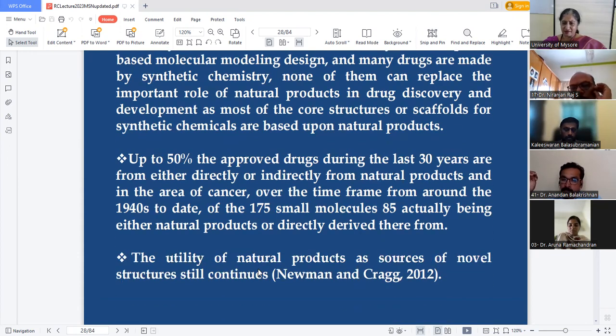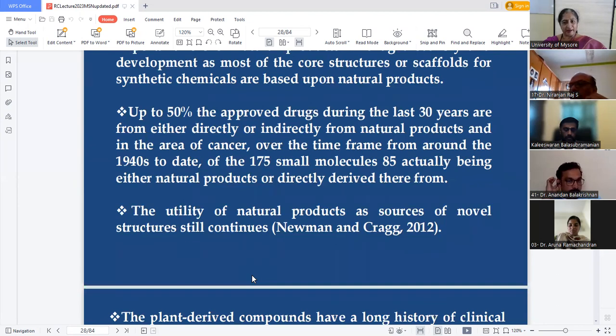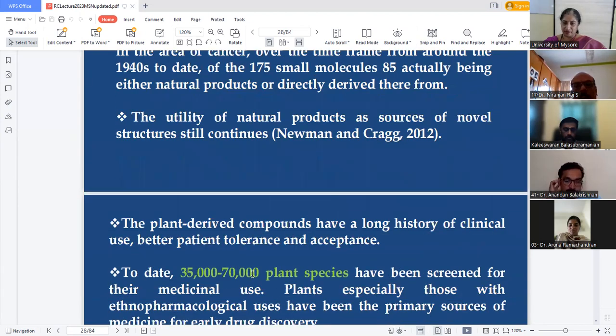And there is a great controversy in the data, but as suggested by Newman and Cragg in 2012, plants, or natural products, are still employed with novel structures as sources of drugs, and the search continues, okay?